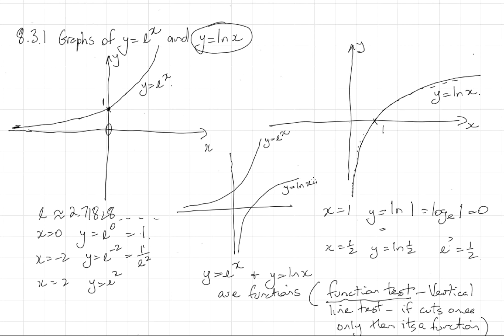We've done some work on inverses, and these two graphs are inverses of each other. If you put in a value of x and you calculate the function y equals e to the x, that will map the value x to a new point. If you take that point then and put it in there for ln x, it'll bring you back to the original point. So these two functions are inverses of each other.